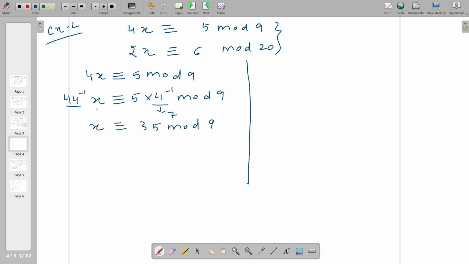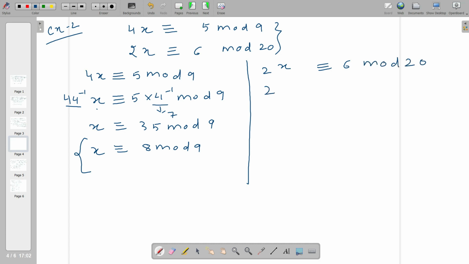So either you can write it as it is, 35 mod 9, or you can make it short by dividing by 9 and taking the remainder. So it's always a good practice to make a small equation. So we can write it 8 mod 9. So now our first equation has been converted into x is congruent to 8 mod 9. Now the second one is 2x is congruent to 6 mod 20.